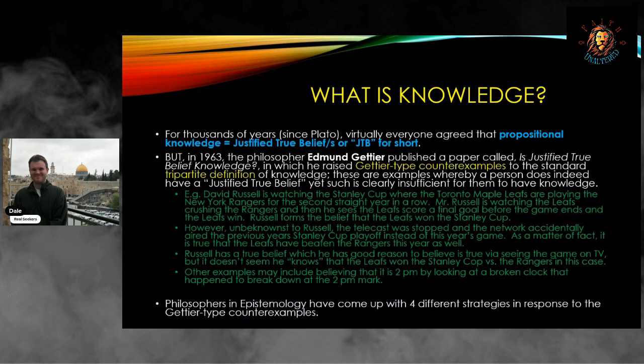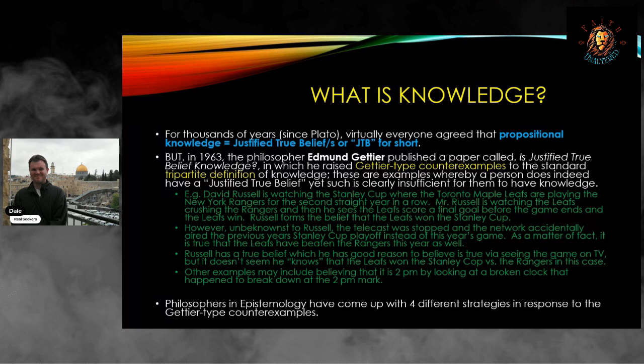Basically, in the 20th century, in 1963, a famous philosopher, Edmund Gettier, published a paper called Is Justified True Belief Knowledge? And he just revolutionized and turned epistemology on its head, because he raised certain counterexamples. They're called in philosophy today Gettier type counterexamples.